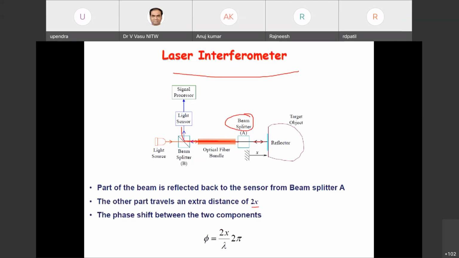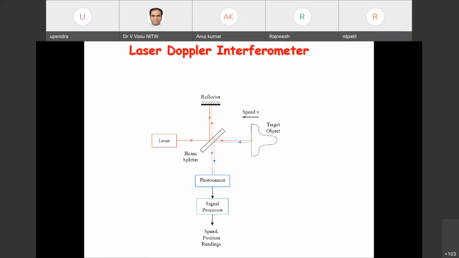The phase angle difference between the deflected laser and the original laser coming out from the source is calculated, and that gives the phase shift formula. From this phase shift formula, we can measure how much distance this particular object has moved. That can be identified by using the laser interferometer technique.